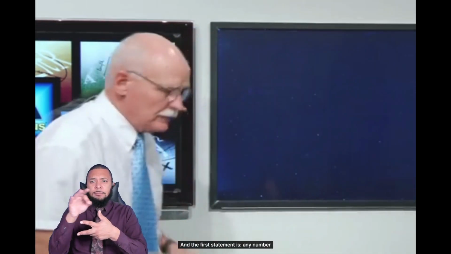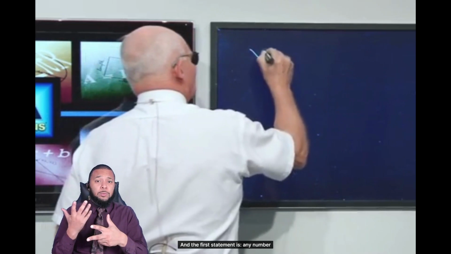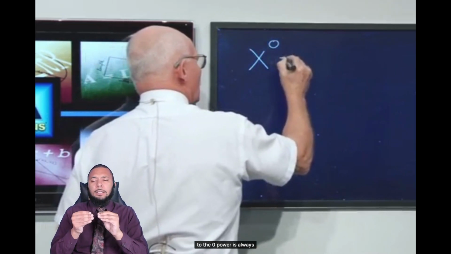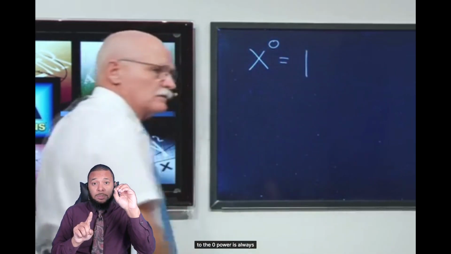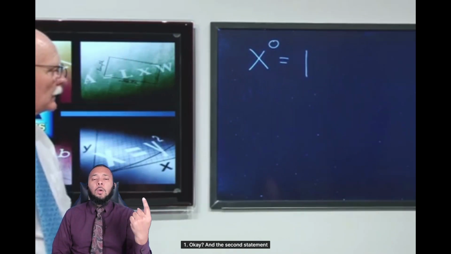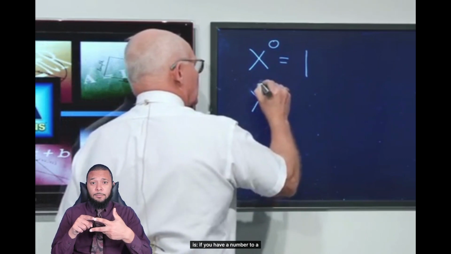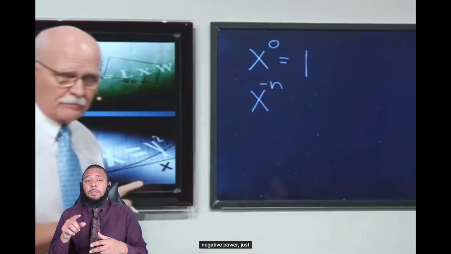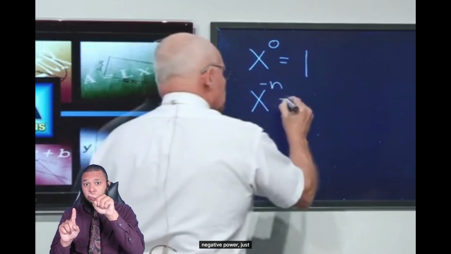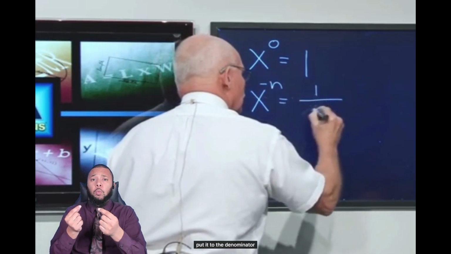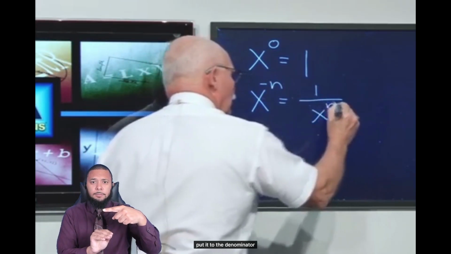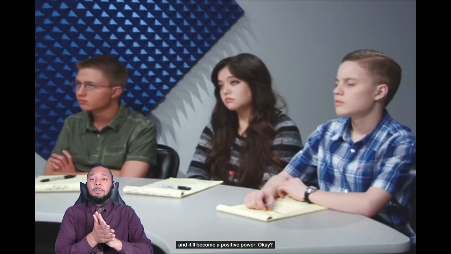And the first statement is any number to the 0 power is always 1. Okay? And the second statement is if you have a number to a negative power, just put it to the denominator and it'll become a positive power.